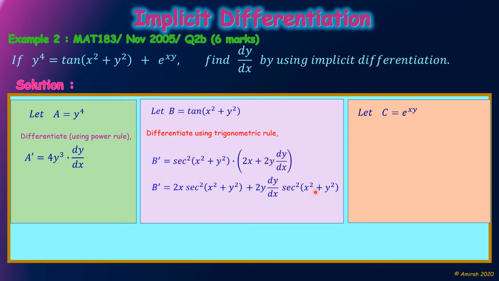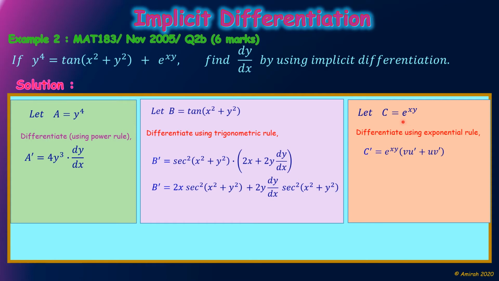Okay, and then we differentiate c with respect to x. We can use the exponential rule, because this is an exponential function. So when we differentiate c, it becomes c prime.